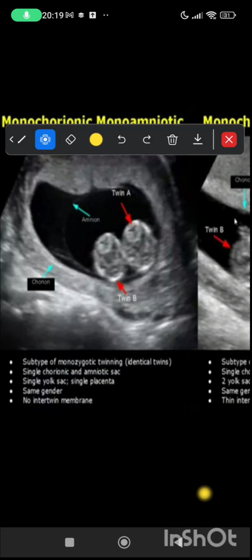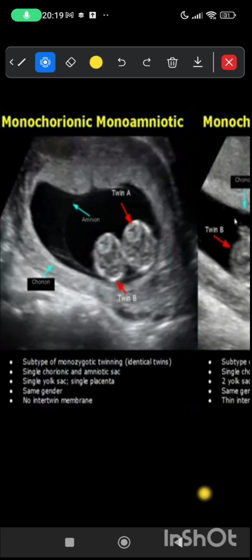So it is a subtype of which gestation? Monozygotic or dizygotic? Anyone? Monozygotic. Yes. Dizygotic twins always result in dichorionic and diamniotic twin gestation.